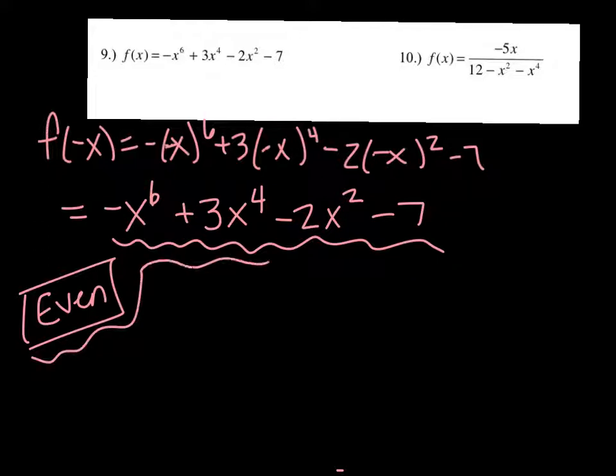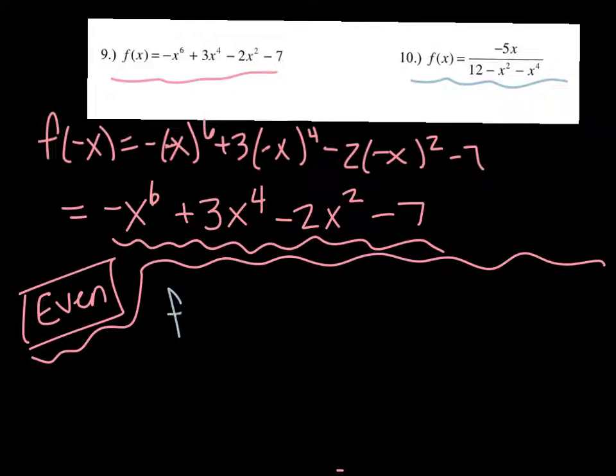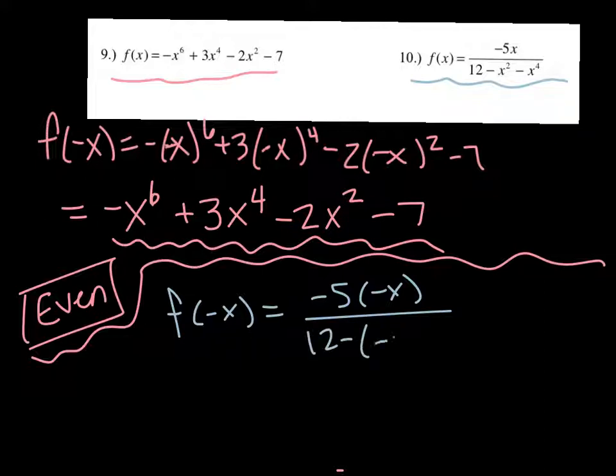And just for space, I'm going to sort of do number 10 below. So let's see, f of negative x equals negative 5 times negative x over 12 minus negative x squared minus negative x to the 4th.